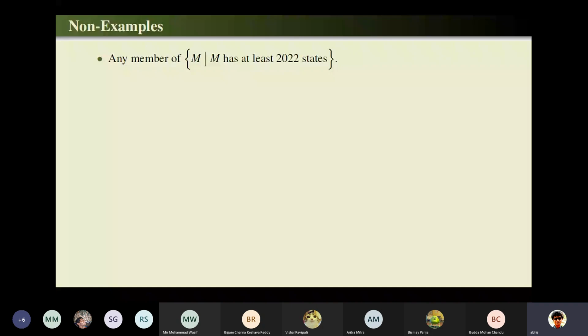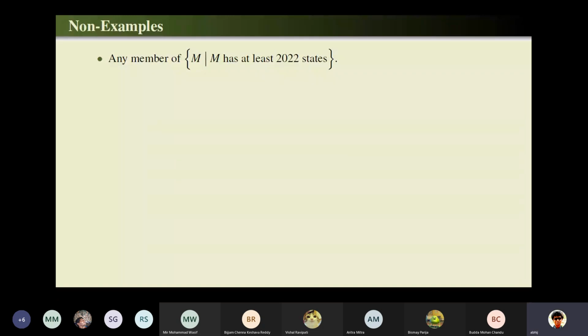Consider this set of Turing machines M such that M has at least 2022 states. Now you look at this property of Turing machines having at least 2022 states.